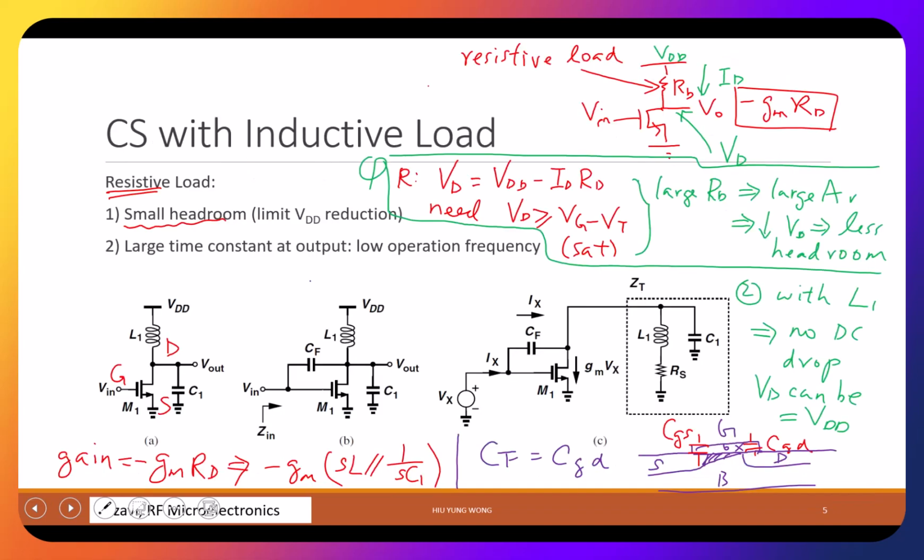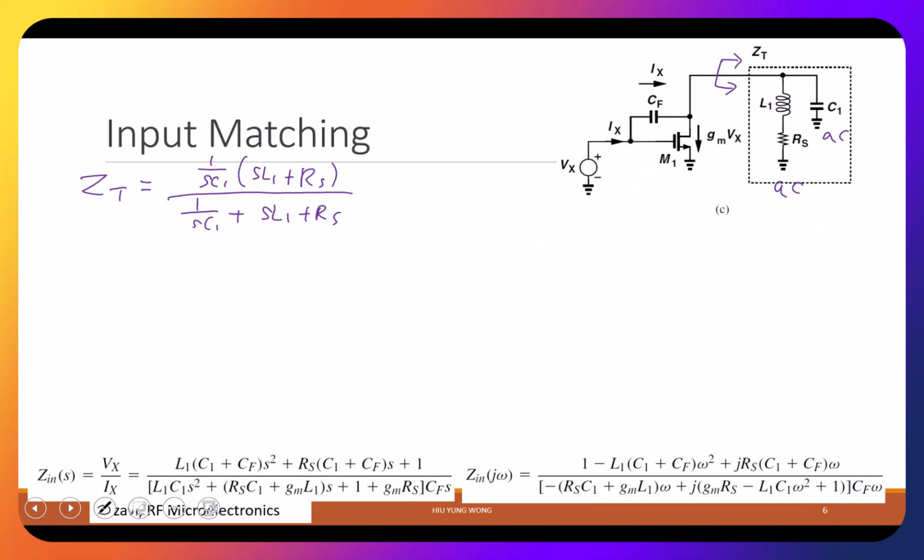Okay? So then I just need to do some math. Multiply by SC1, then I get SL1 plus RS divided by 1 plus S square L1C1 plus SC1 RS.